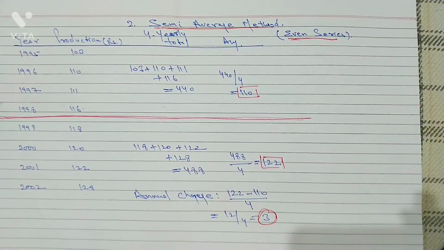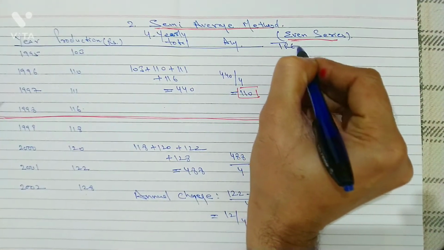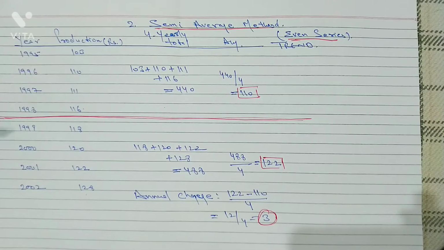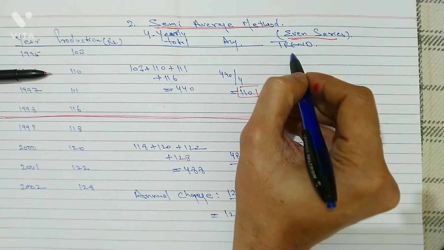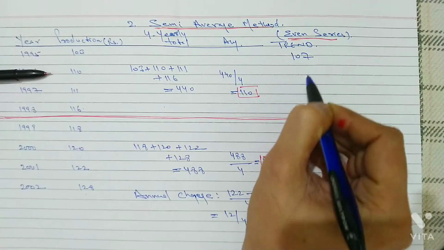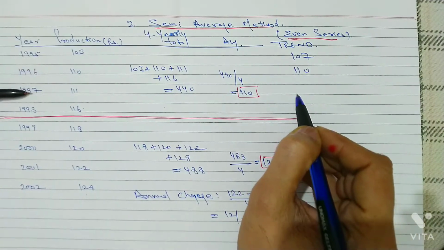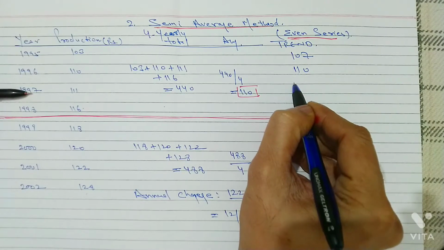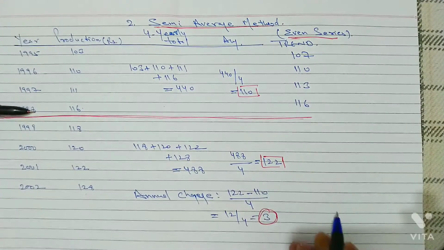Now calculate the trend values. Trend is 110 minus 3, 107, then 107 plus 3, 110. For the next year, 110 plus 3, 113, 113 plus 3, 116.